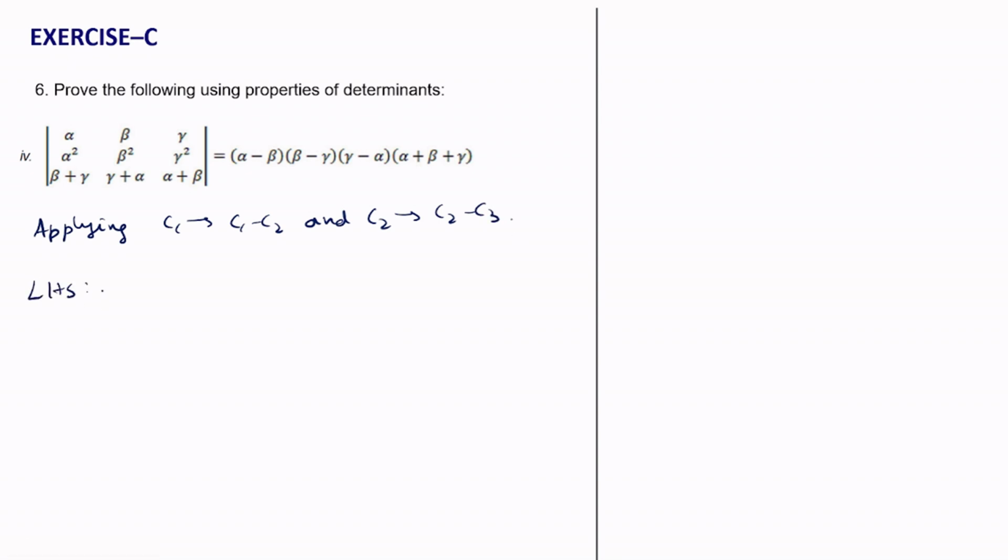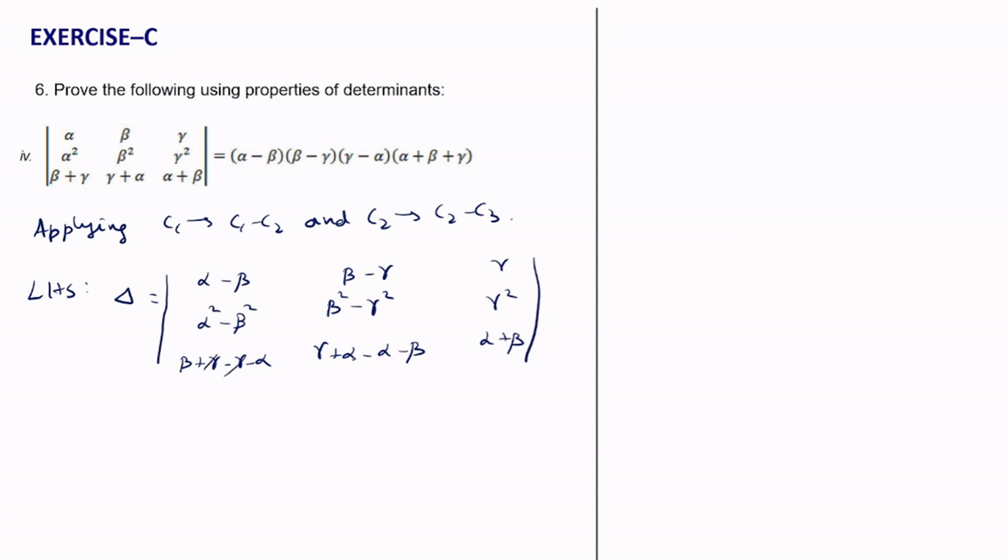So the left hand side is delta equal to C1 minus C2: alpha minus beta, alpha square minus beta square, and then beta plus gamma minus alpha. And here we have beta minus gamma, beta square minus gamma square, and gamma plus alpha minus beta. Then gamma, gamma square, alpha plus beta.